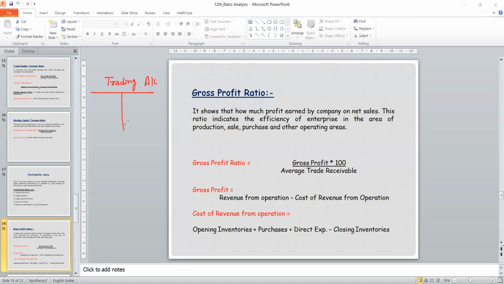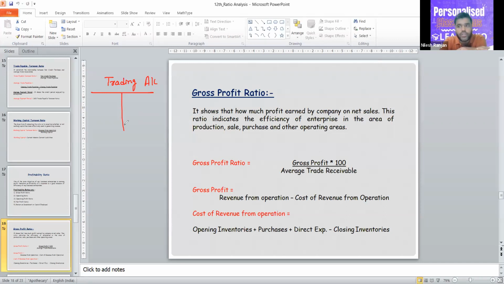So if you prepare the statement of profit and loss as per the new method, there will be no gross profit and you cannot calculate the gross profit ratio by that method. So for calculation of gross profit ratio, you have to use the old concept: write sales, closing stock, opening stock, then cost of goods sold, and then calculate gross profit. Only then can you calculate the gross profit ratio.